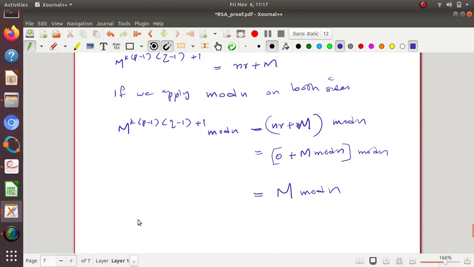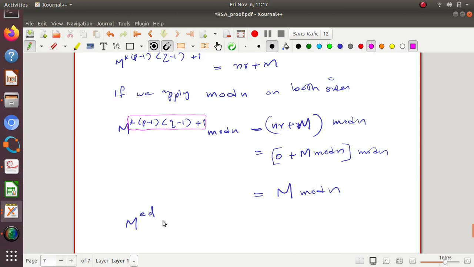That means m to the power, this is actually the value for ed. This part corresponds to ed.